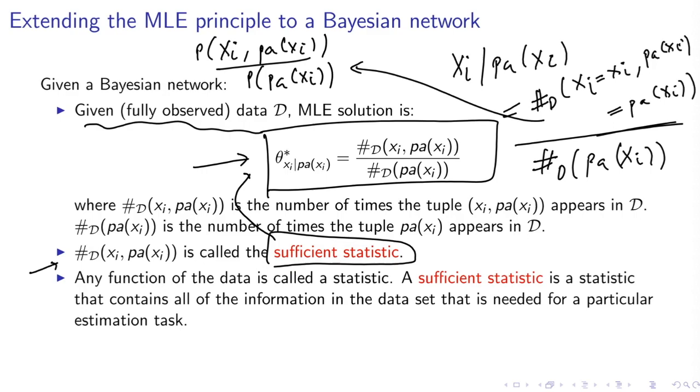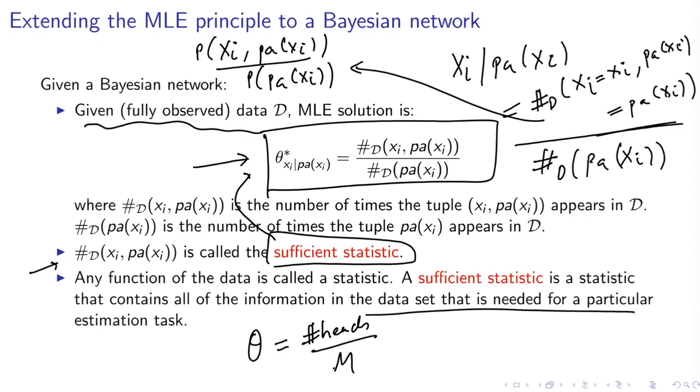In other words, once you have access to the sufficient statistic for a data set, you can actually throw away the data. So if you remember, for estimating the parameter theta in our biased coin case, all we cared about is the number of heads as well as the size of the data. We did not care about what each individual outcome was in the data set.